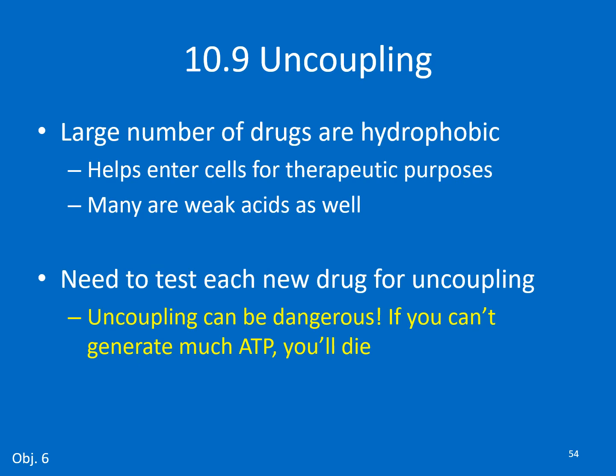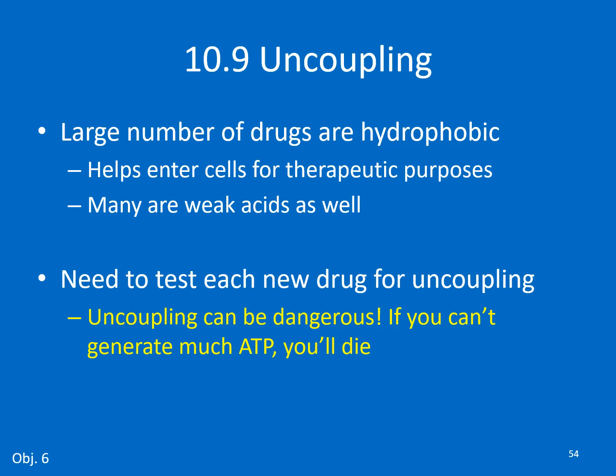So yeah, this can happen in real life. This is a real thing to think about. A lot of pharmaceutical drugs are hydrophobic, and this helps them enter the cells for therapeutic purposes. Cells have that hydrophobic outer membrane. But if they uncouple oxidative phosphorylation, this can be dangerous.